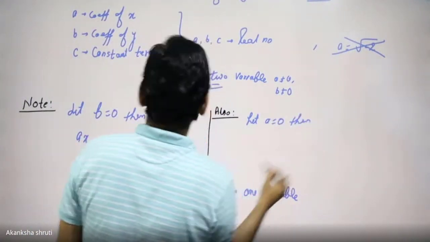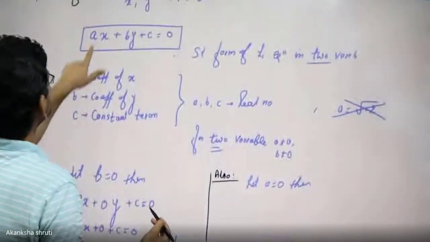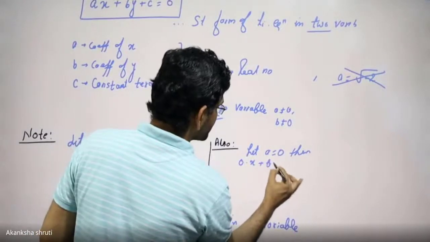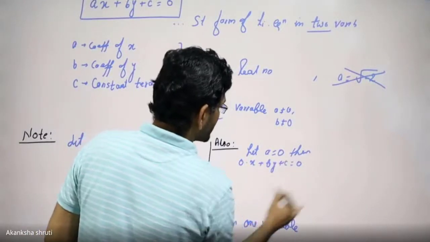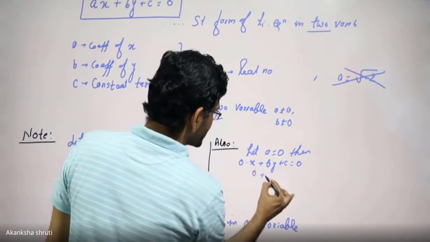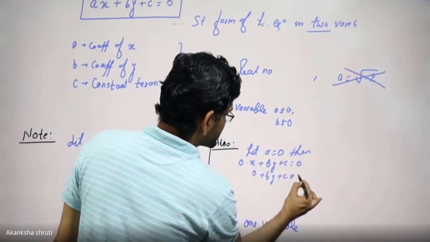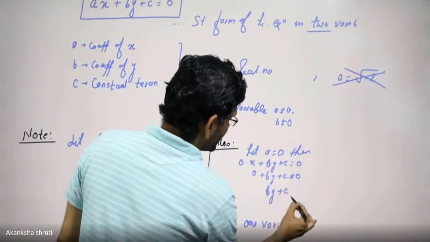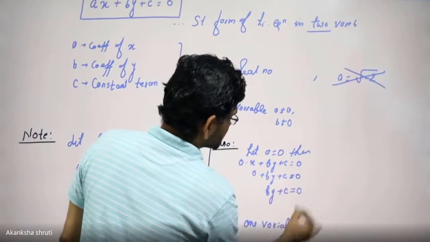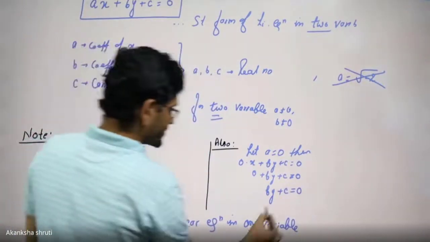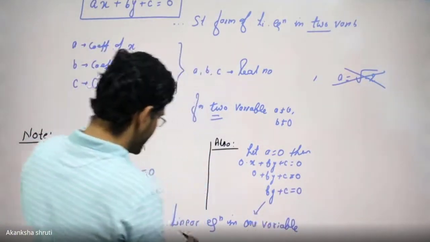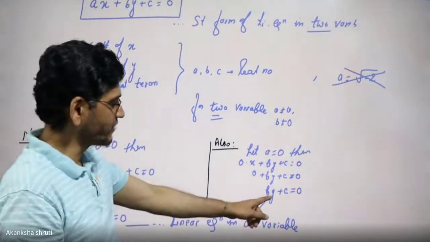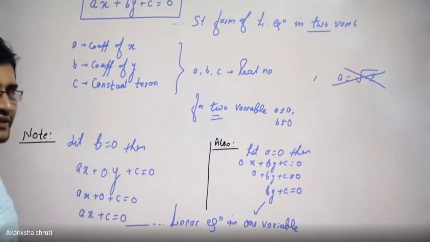Then in this equation, a is 0, meaning 0 multiplied by x plus by plus c is equal to 0. So it is 0 plus by plus c is equal to 0. 0 added with any number remains as it is. So by plus c is equal to 0. So what is this? This is also our linear equation in one variable. Here the variable is y, but in the earlier case the variable is x.